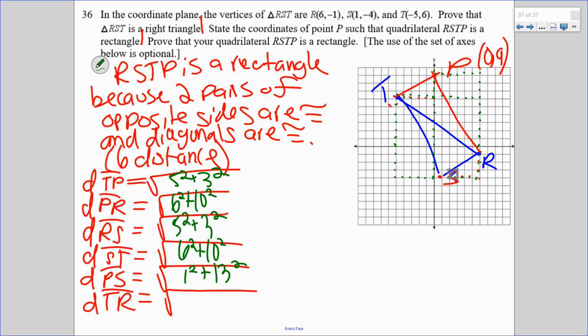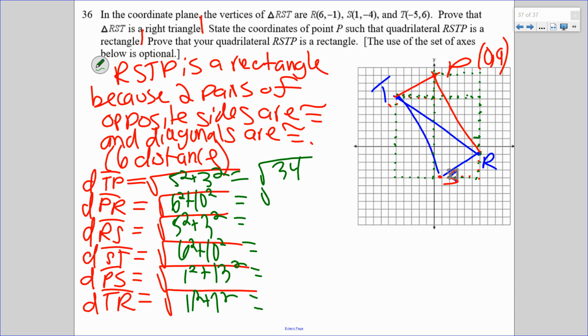And TR, I've got 1 through 11, and 1 through 7. We're really earning our points here.